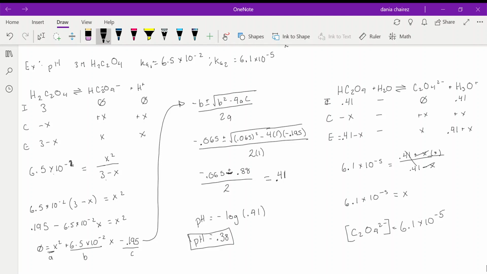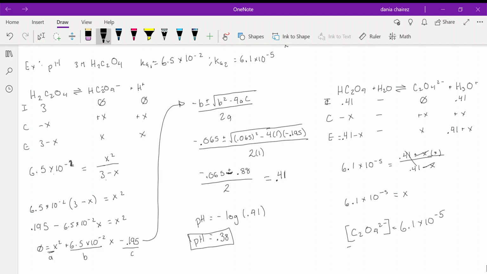And then, like I said, this is such an insignificant change that even if you were to do 0.41 plus your 6.1 times 10 to the negative 5, you would still end up with 0.41.